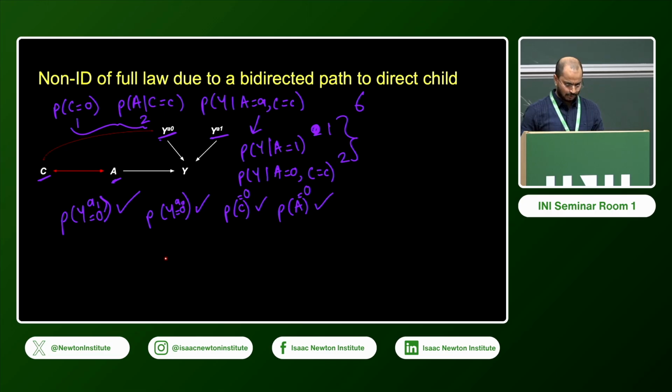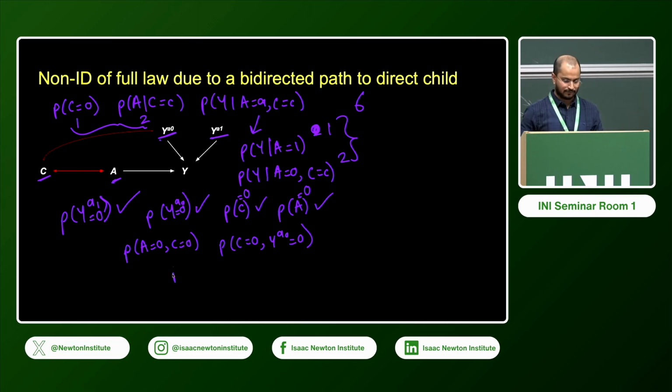Okay, so what are my other Mobius parameters? I have P of A equals 0 and C equals 0. That's a bivariate margin. I have P of C equals 0 and YA0 equals 0. That's another bivariate margin.